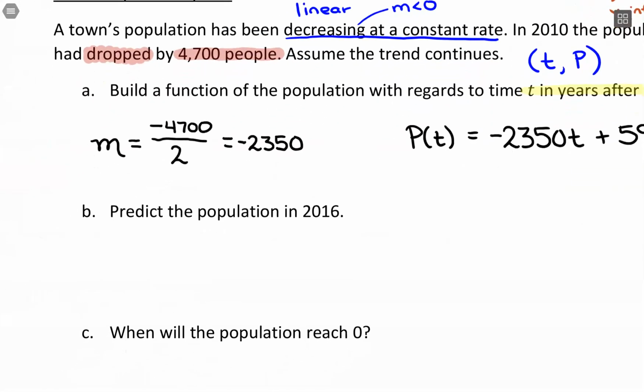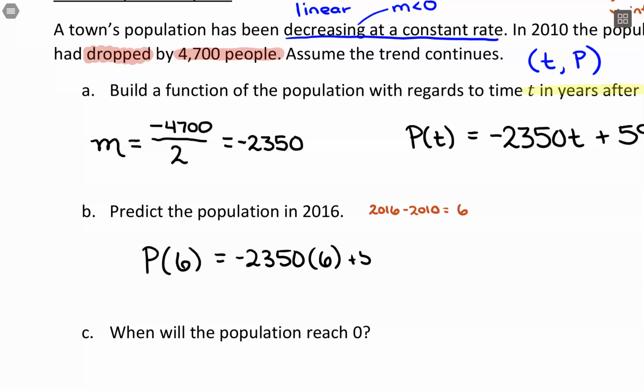So if I want to predict the population for 2016, well, that would come from thinking about 2016 minus 2010, so I get the number of years after 2010. So what I want to plug in is 6. So negative 2,350 times 6 plus 59,000, which will be 44,900.